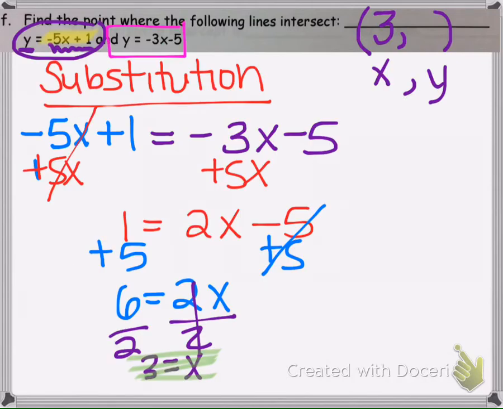So we now know that the y value of our point of intersection is negative 14. So that is our solution.